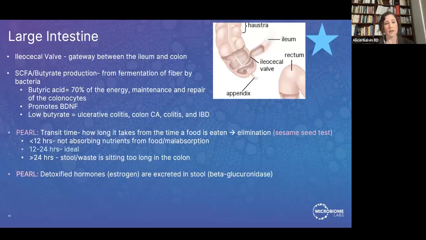We measure it on a BiomeFX with the estrobolome. But basically it snips that estrogen nicely packaged up and it opens up that estrogen to then be recirculated back into the system. So you can get various hormonal imbalances if you have elevated beta-glucuronidase and elevated estrobolome in your large intestine. That's going to interfere with estrogen detoxification.